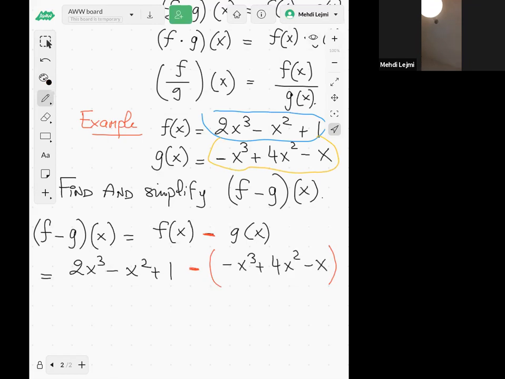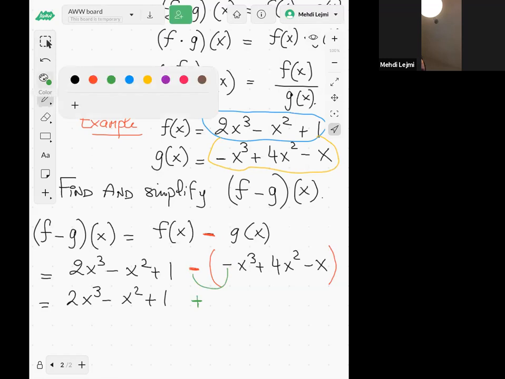Okay, so the parentheses here are really important because, again, when you distribute the sign, it's gonna change some signs, right? Actually, it's gonna change all the signs. So this would be equal to 2x cubed minus x squared plus 1. This minus minus would be a plus, right? As you can see, guys, minus minus, that's a plus now. That's plus x cubed. Yeah, Rabiul, I think you're correct. And then there's a minus and a plus, so that will be a minus.